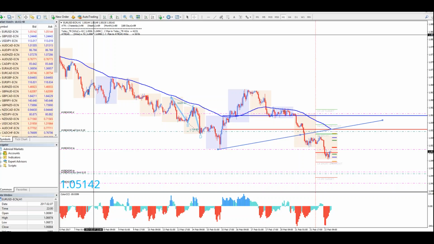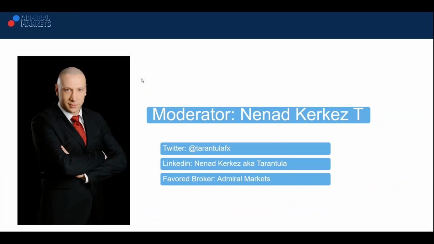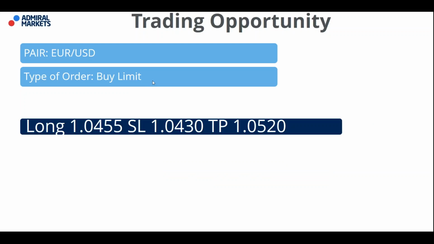Okay, now, here, this is the setup. Buy limit, okay, guys, here. And now I will give you a sell limit too. Okay, now let's make a sell limit also.